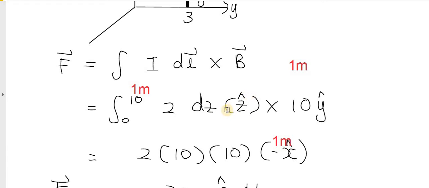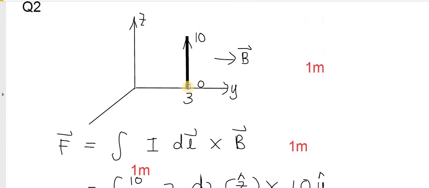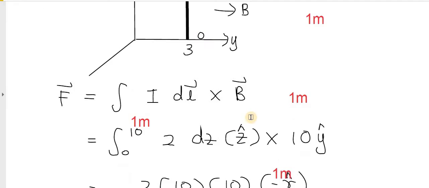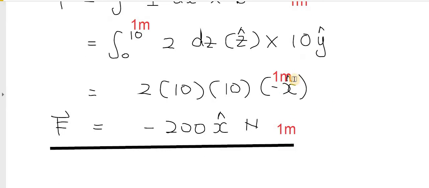Here I put it positive Z, and I integrate it from 0 to 10, following the direction of the current flow, and B is equal to 10 in the Y direction. So perform integration as usual, you get this thing, and Z cross Y you will get negative X. When you cross product Z and Y, you will get negative X. As a result, you will get your force equals negative 200 X, in the X direction, Newton.